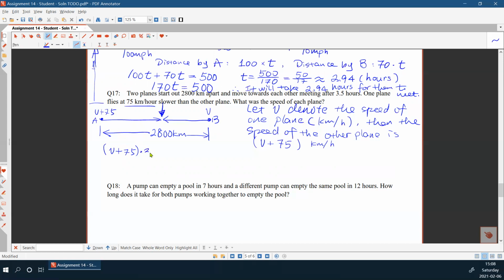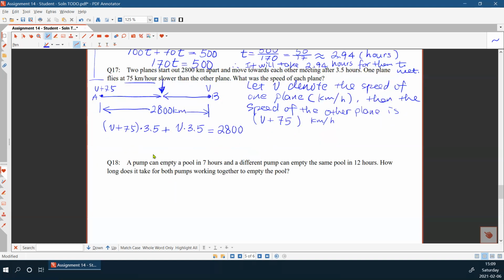So that means times 3.5 hours. Okay, plus the distance traveled by B, which is v times 3.5 hours, right? And this distance is the initial distance that they are apart, which is 2,800, right? So here, this is your equation.